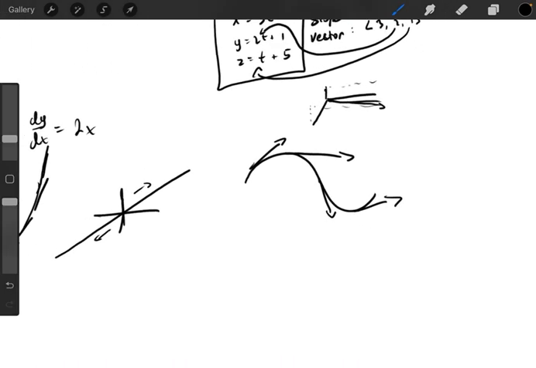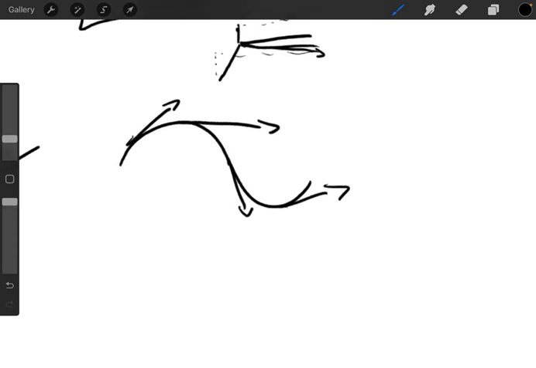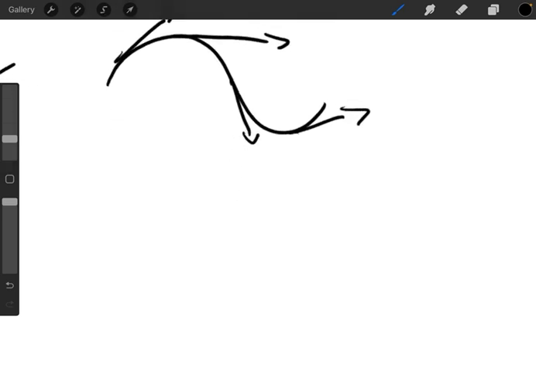Same thing over here. Taking the derivative of each component will give you the slope vectors at any given point. So if you have a parametric equation of x, y, z, then taking the derivative will give you dx with respect to t, by the way, dy over dt and dz over dt, which will make your slope vectors at any given point.